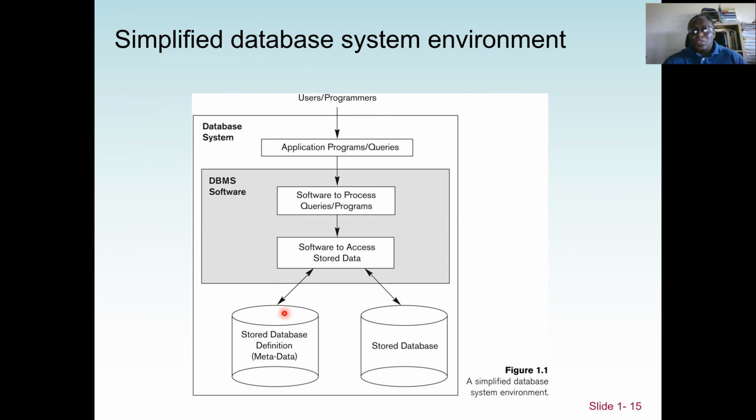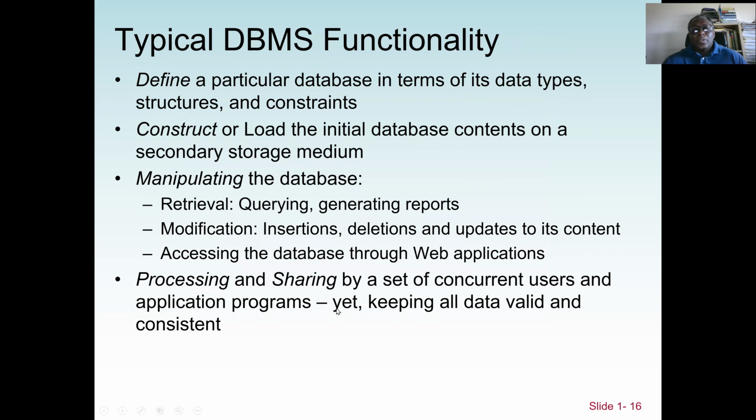We have two types of scripts. We have the script for creating our database objects, and we have the script for manipulating our data, which we call data manipulation. Data definition is what we use to create our database objects, such as a table, index, etc. So we define typical database management system functionality: define a particular database in terms of database data types.